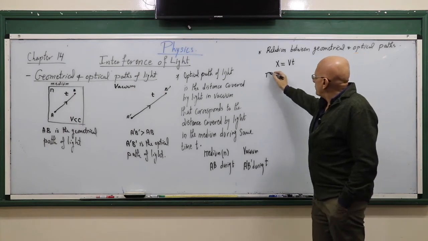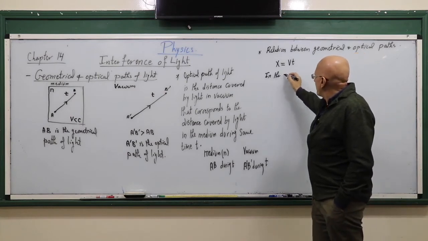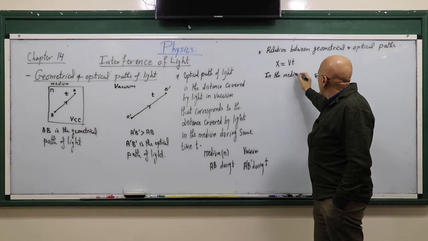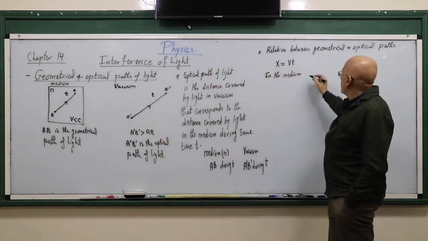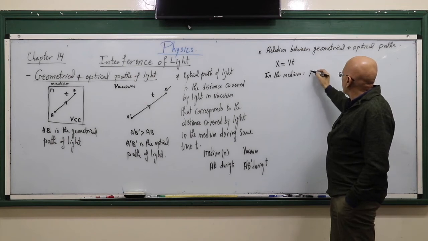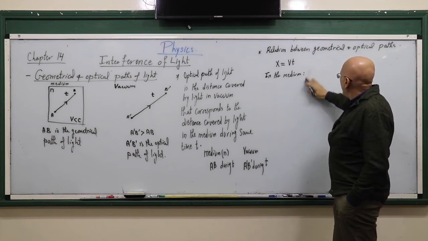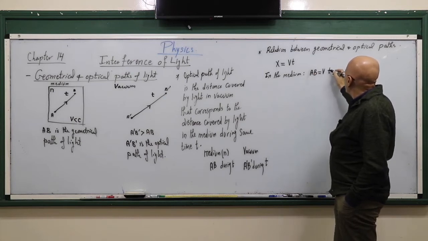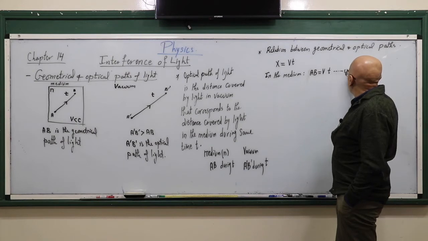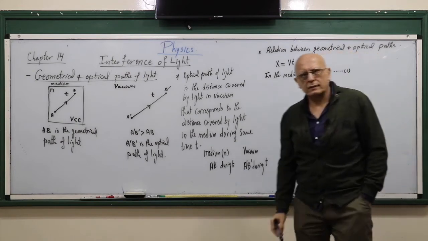In the medium, the distance covered is AB during time t, so I replace x by AB, and the speed is v, times t. I am going to call this equation 1.